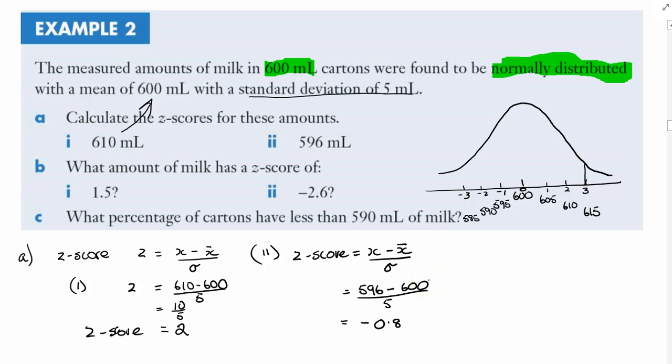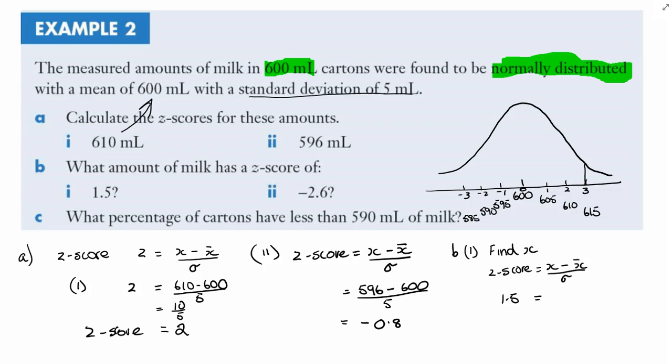Does that seem reasonable to us? Yes, at 596, it's only just on the right-hand side of -1, and of course the Z-scores in that range, 595 to 600, are these negative decimals, less than 1. So it seems very reasonable.